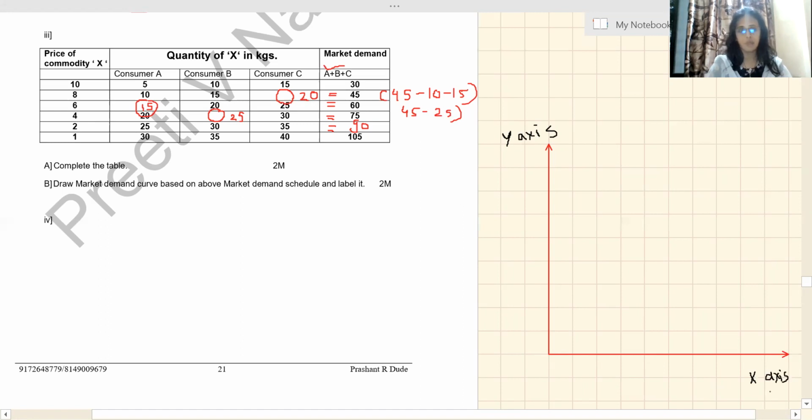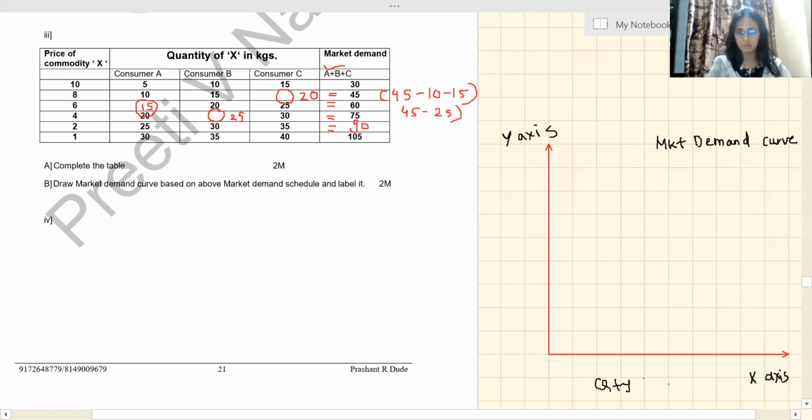This is called the market demand curve. Now label it: market demand curve. Now the x-axis, we always represent the x-axis as quantity demanded.